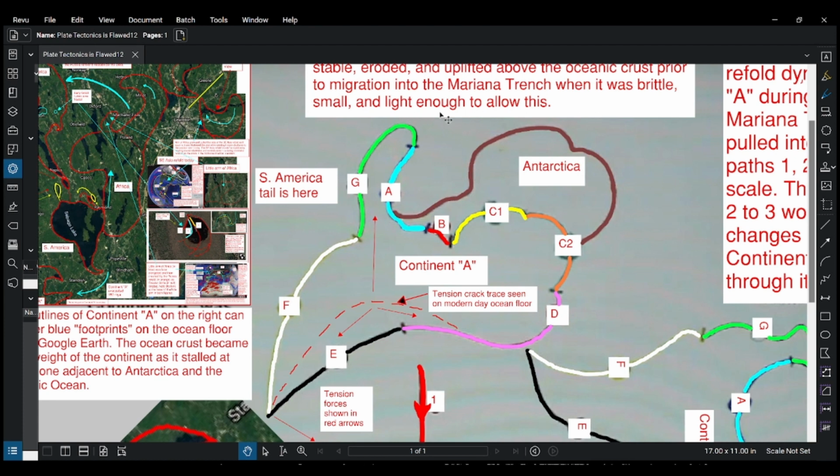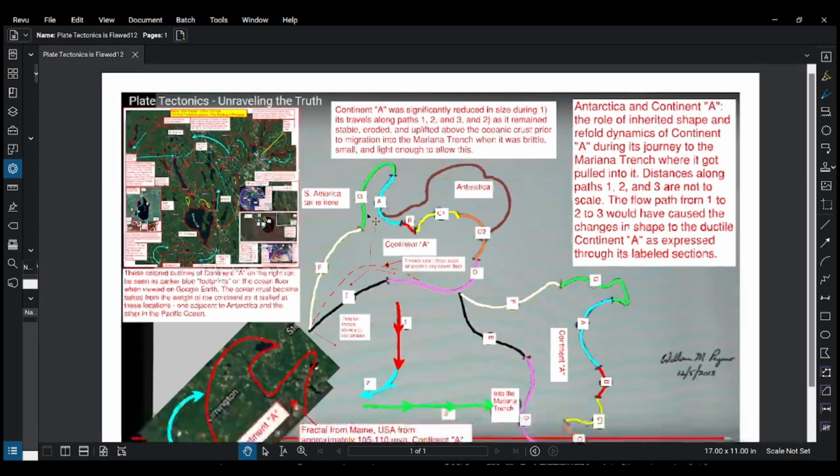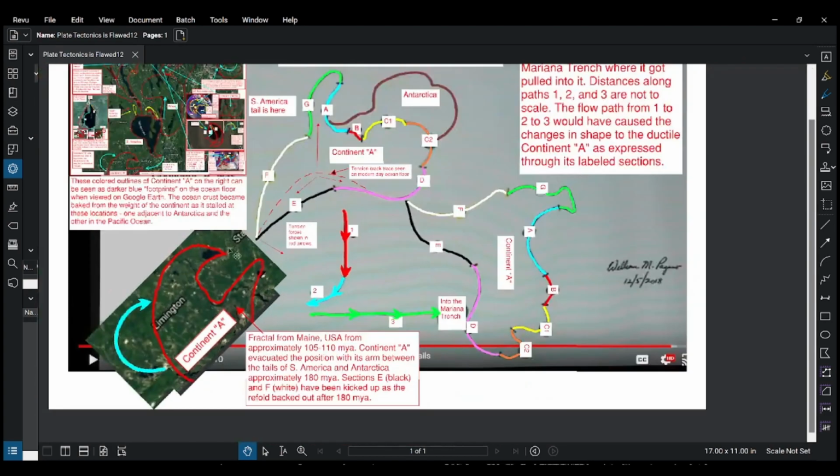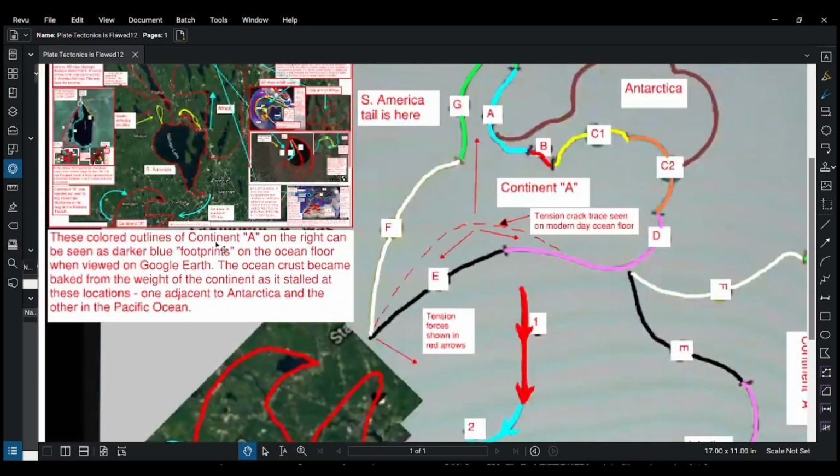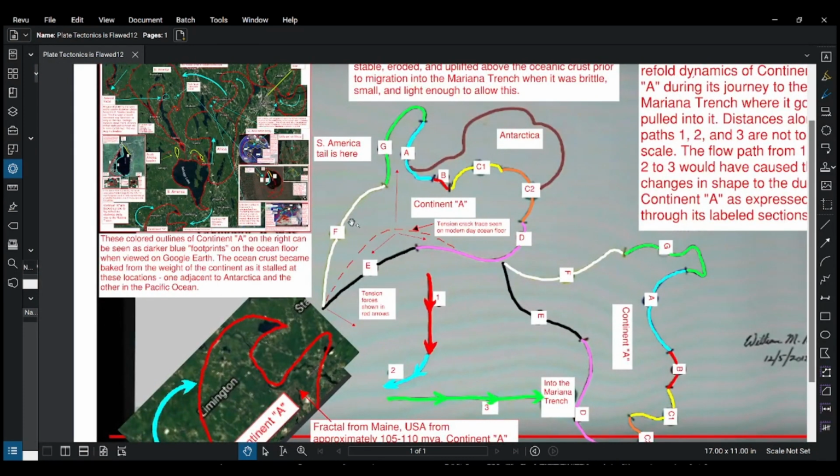So there was a land bridge there, which became the microcontinent of Zealandia. As this quick evacuation occurred, as you see in the fractal, Zealandia rotated and got hooked and dragged along to its final resting position. So that is a geologic mystery that I can describe perfectly, and I did in another presentation.